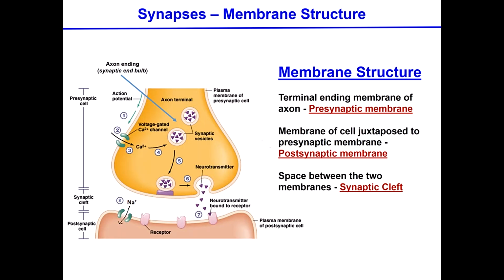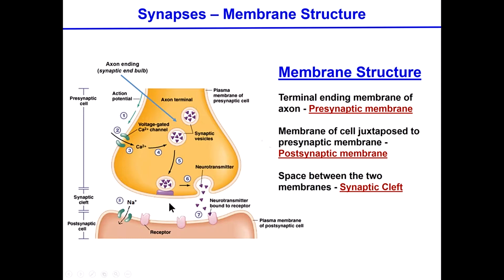Okay, so in terms of the structure of the synapse, we talk about three things. I told you before that there are two very specialized membranes in terms of what they are and how they work. And this membrane here, the one in the axon that's coming in, and we'll look at the meaning of the 1, 2, 3, 4, 5, 6 later.